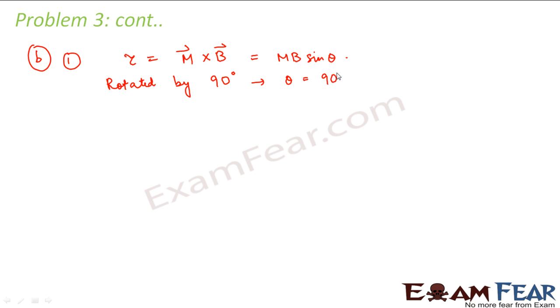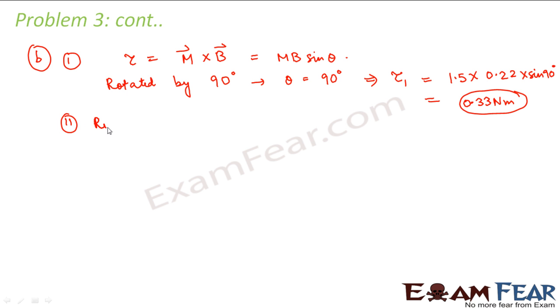Therefore, theta will be equal to 90 degrees. Therefore, the torque associated with the first case is m into b into sine 90 degrees, which comes out to be 0.33 Newton meters.